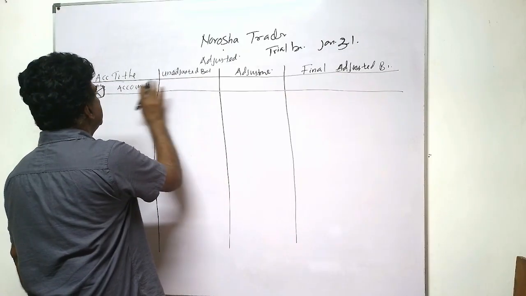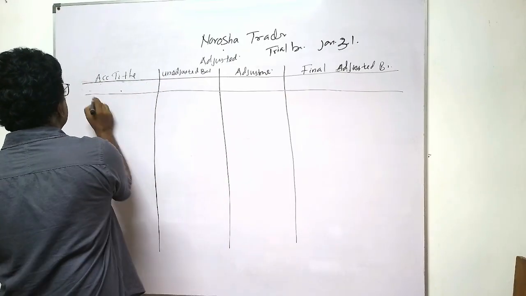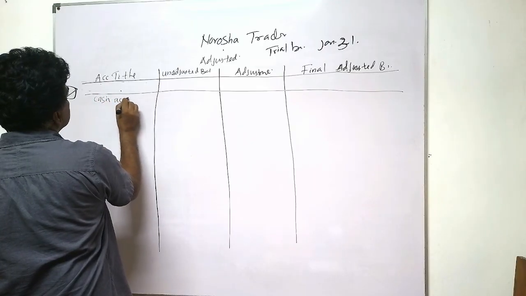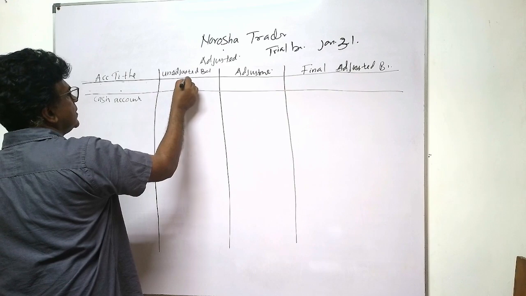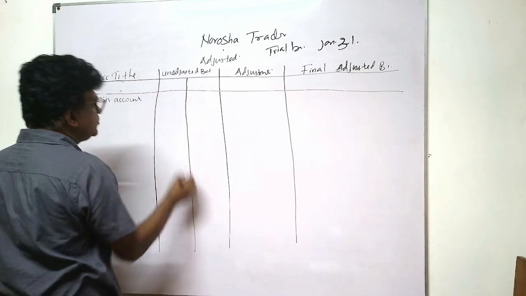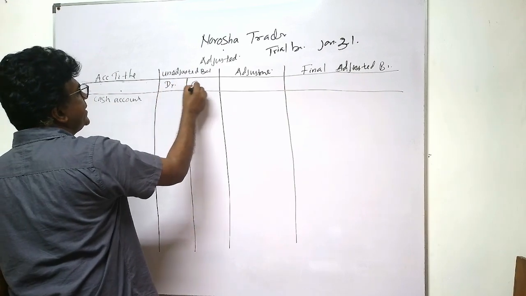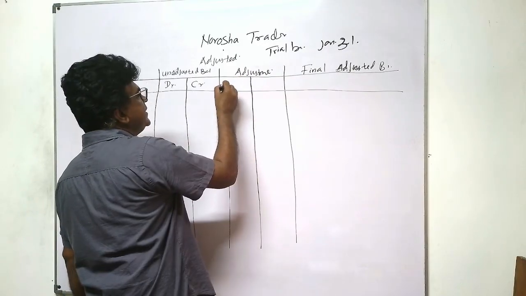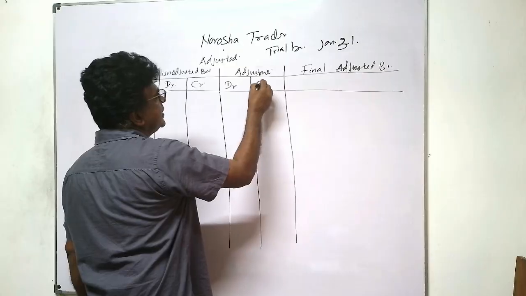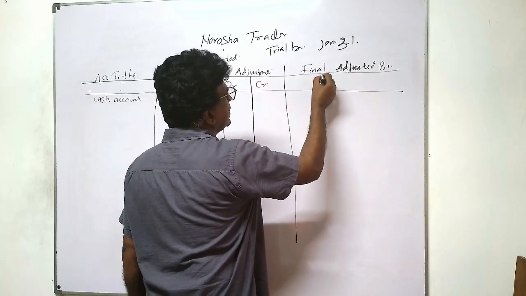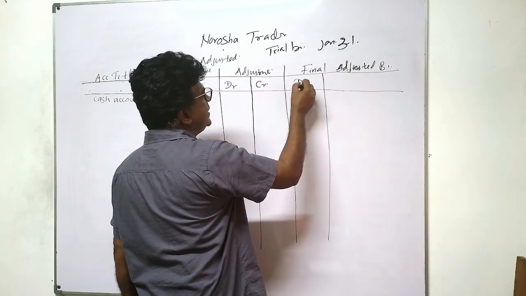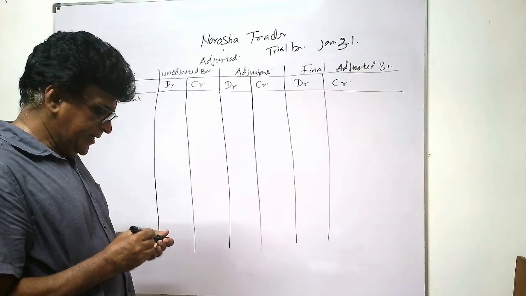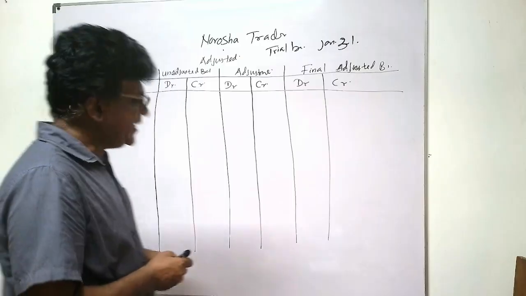And divide each column into two. This is debit, this is credit. Debit and credit. Cash account, right?